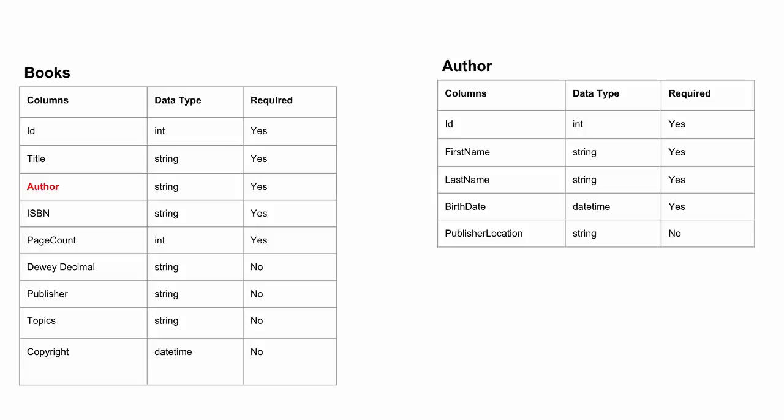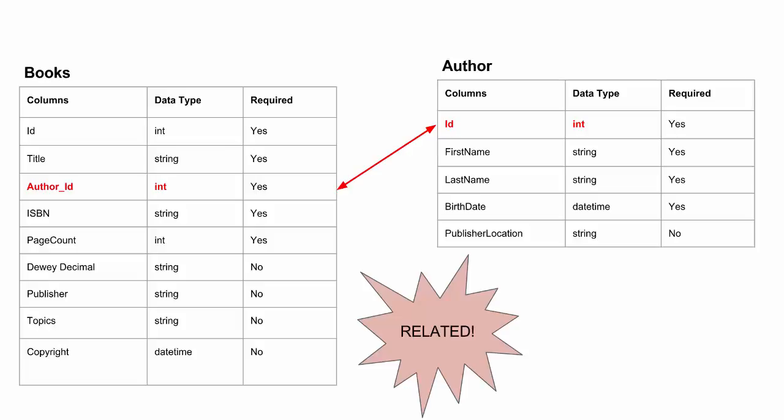So what I want to do is, instead of having author as a string in my books table, I want the author ID, the ID column from the authors table, to become a foreign key inside of my books table. So whatever ID my author has in the table on the right, let's say it's ID number 1, if that author wrote that book that's in my books table, then that ID of 1 should end up in my books column, author ID.